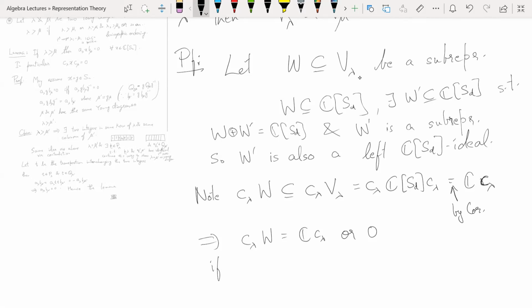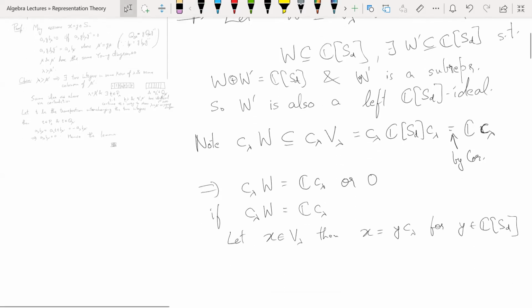If C lambda times W is C times C lambda, then I want to say that W must be the whole of V lambda. Why is that? You C lambda times W, you already get C lambda in it. If X belongs to V lambda, then X is Y times C lambda for Y in CST, and that is the definition of V lambda.